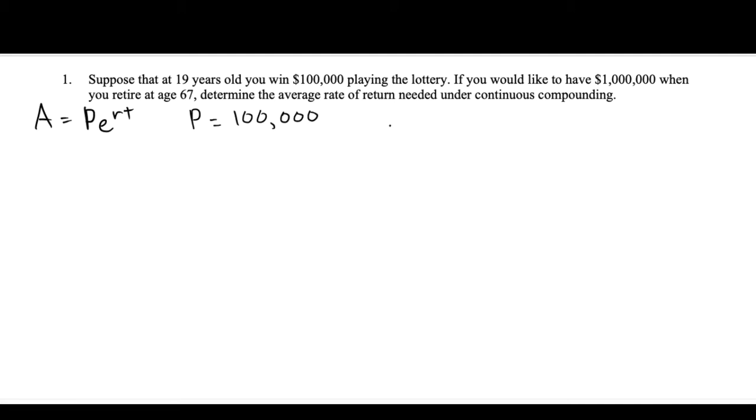The amount that you would like to end up with is $1 million, so A equals 1 million. You're 19 right now, you want to have the $1 million when you're 67, so the amount of time is 67 minus 19, or 48. You have 48 years for your $100,000 to grow into $1 million.